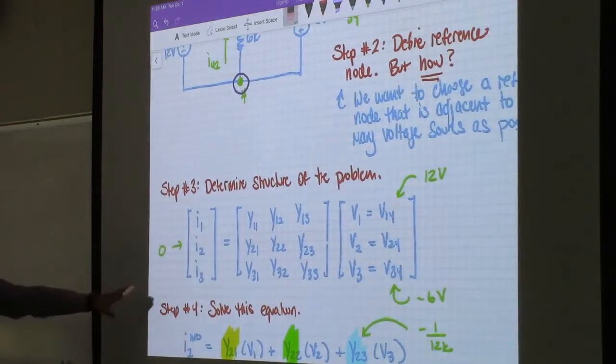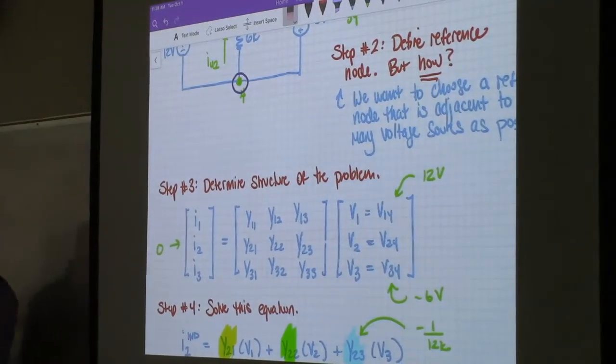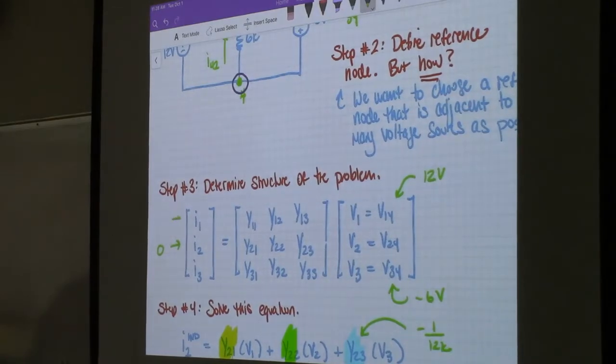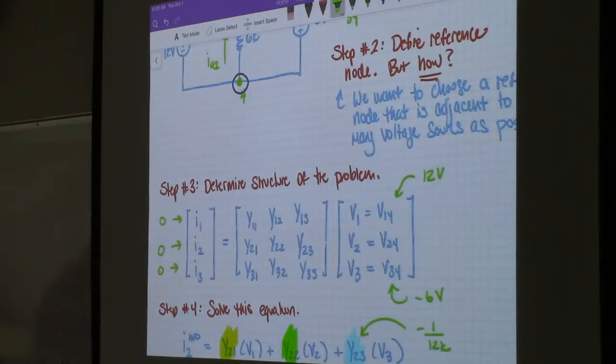These values here should be known. There are no independent current sources in this circuit, so all of these values will be 0. Over here, we have 2 values.